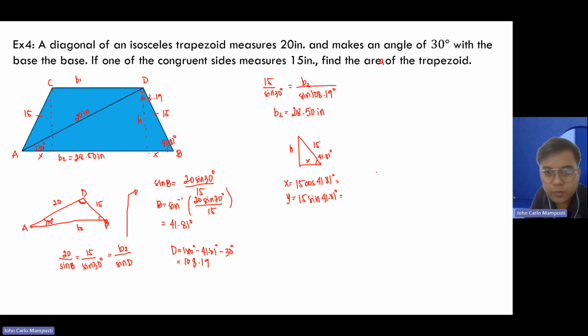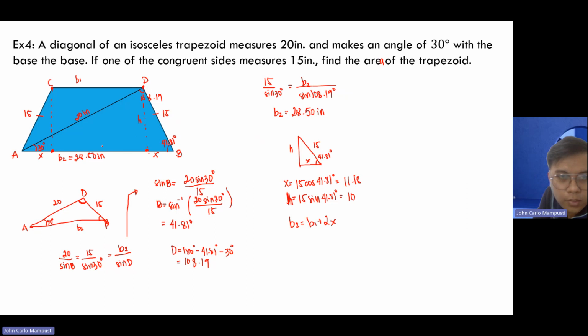So therefore, x is 11.18. This one naman, yung y natin, or yung h natin, I should say, this is 10. So meron na tayong h, meron na tayong x. So paano natin hahanapin yung B1 natin? So remember that B2 is equal to B1 plus dalawang x. Kasi from C to D is B1.